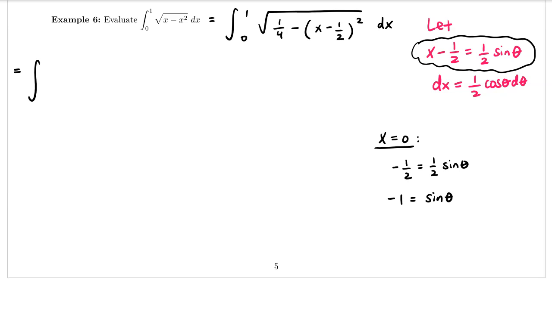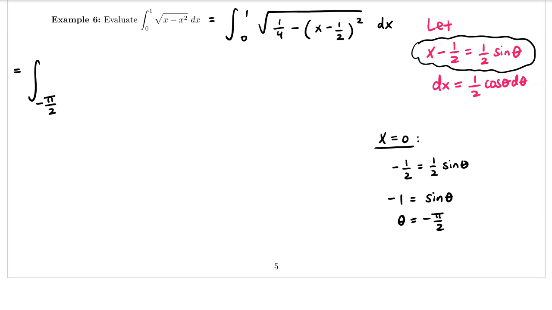Because we're thinking about the domain here, looking back at our table, remember that we set the domain for this case to be between negative pi over 2 and positive pi over 2. So the solution to this on our restricted domain is theta equals negative pi over 2. So coming back over here, my new lower limit of integration is negative pi over 2.